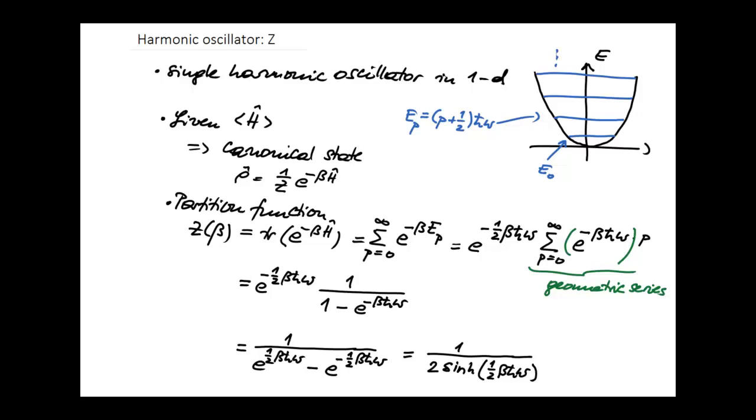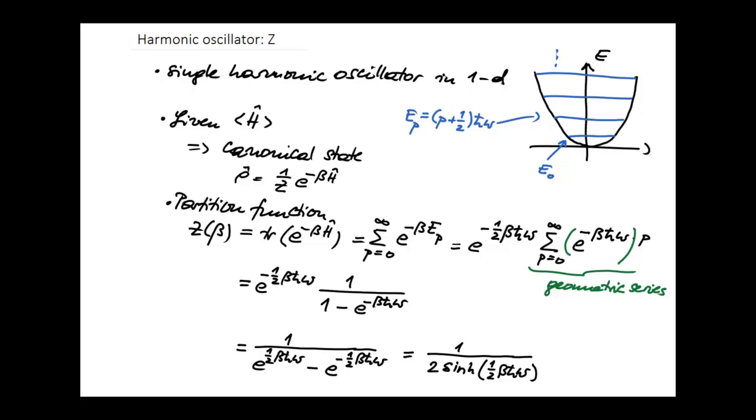You insert that formula into the formula for the trace. And in many cases, in simple cases, you have an infinite series for which you have a formula, and you can calculate the partition function. And in this case, it gives this formula 1 over 2 times this hyperbolic sine.